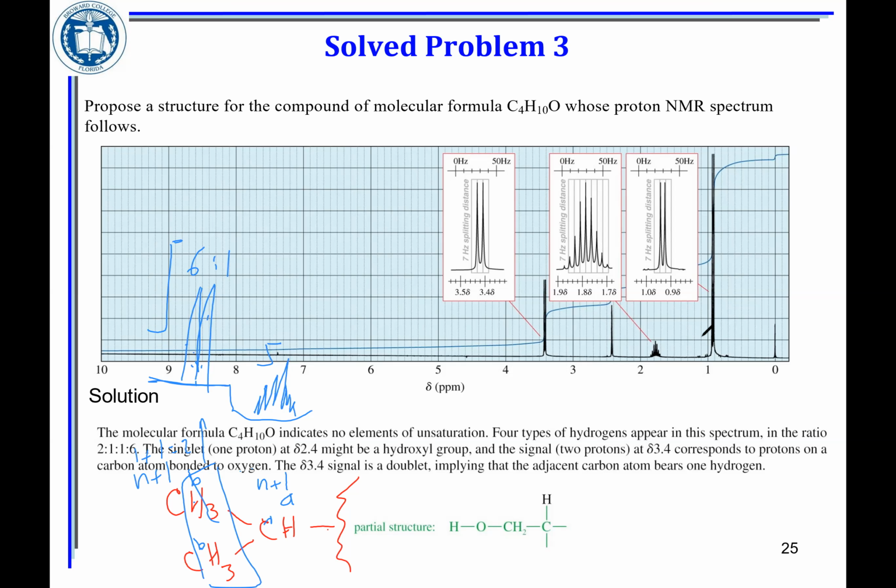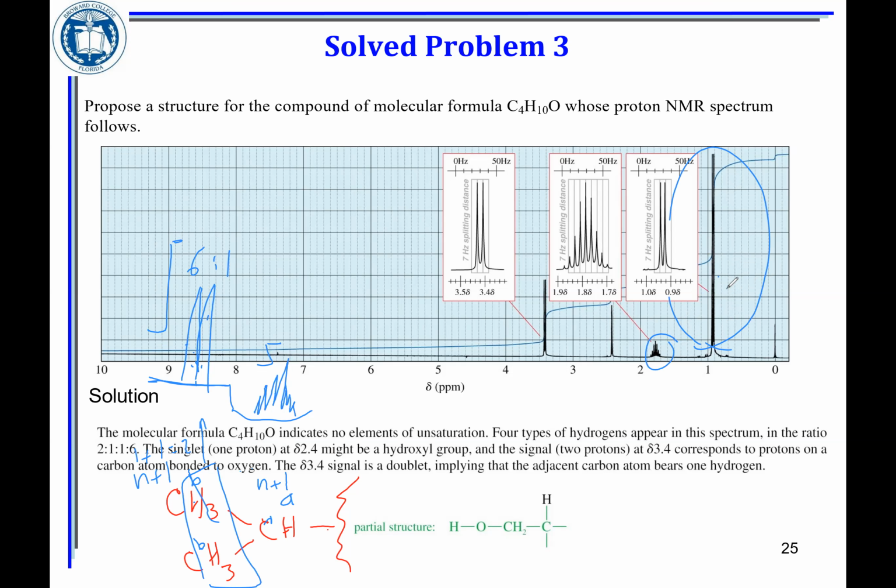So if you do have an isopropyl group, these two peaks are responsible for it, or these two hydrogens are coming from the isopropyl hydrogens.